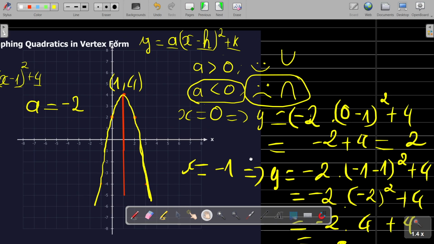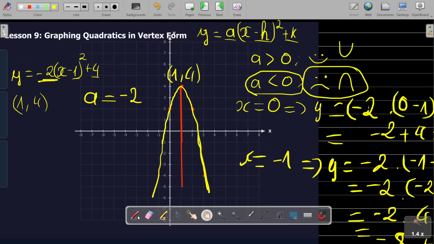If A is suddenly positive, like +2, then it has this kind of shape instead. A is bigger than 0, smiley face, opens upward. Okay, very messy lesson, I know.